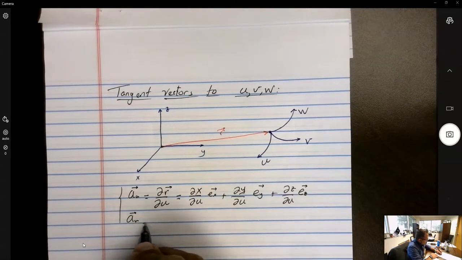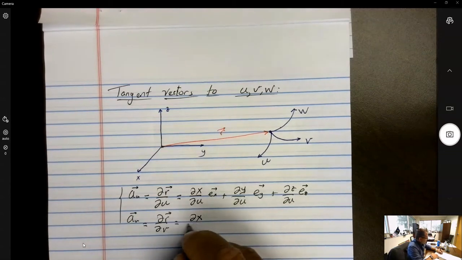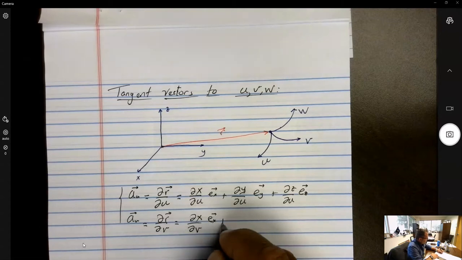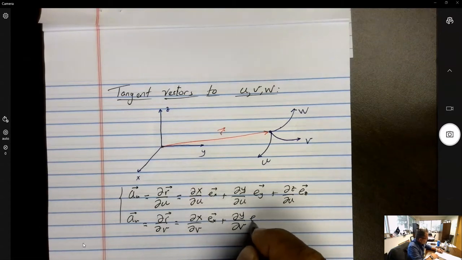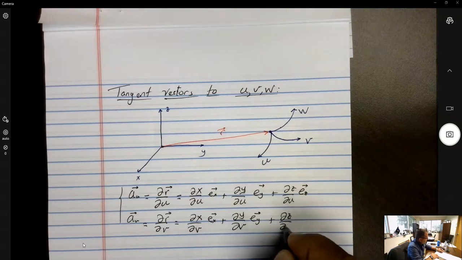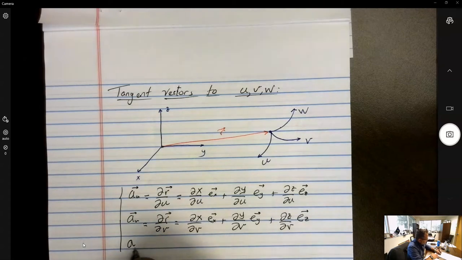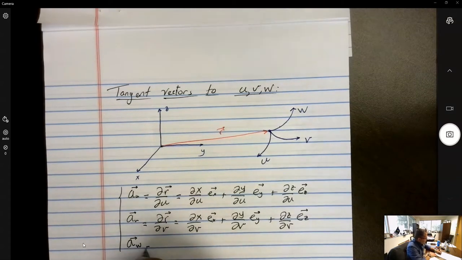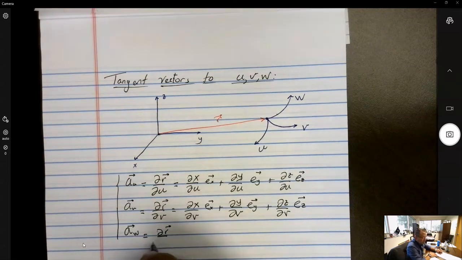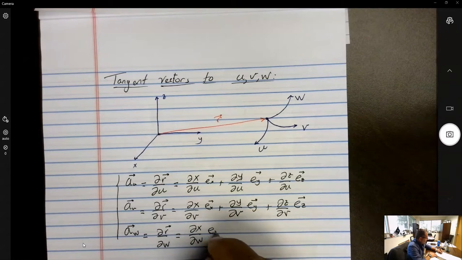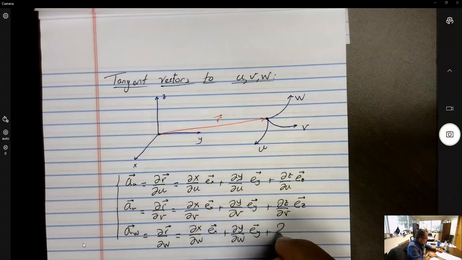Likewise, a_v will be dr/dv, so that's dx/dv in the x direction plus dy/dv in the y direction plus dz/dv in the z direction, and then finally a_w, which is dr/dw, which is dx/dw in the x direction plus dy/dw in the y direction plus dz/dw in the z direction.